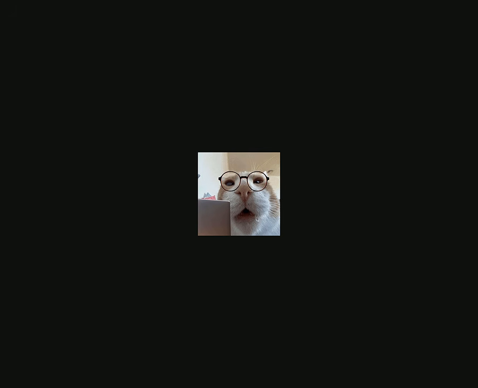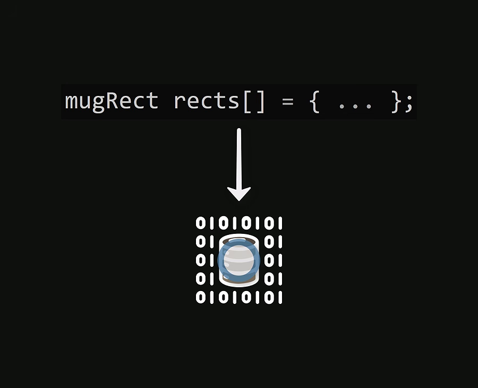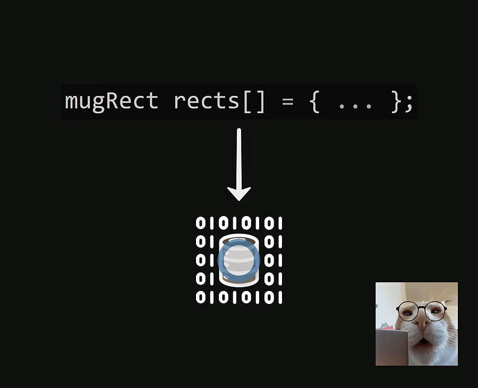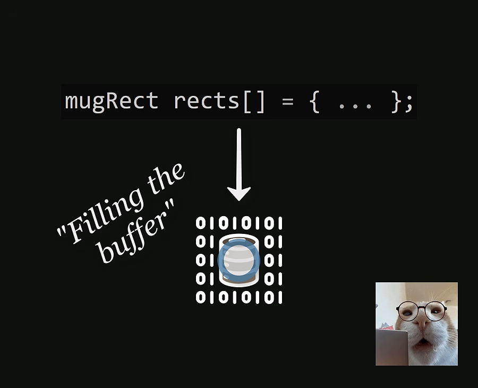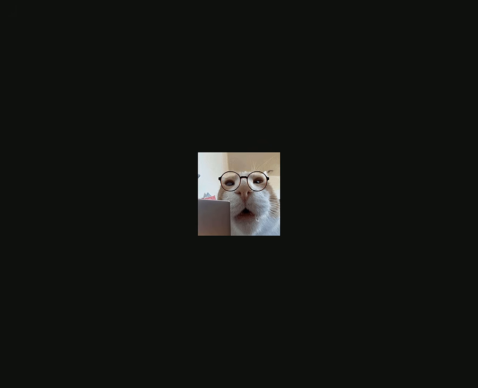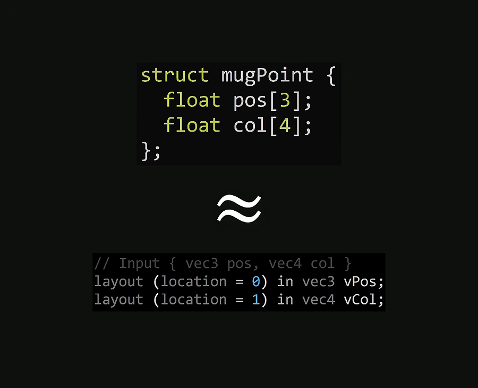The most complicated part of making this all work though is actually converting the array of mugrects on the CPU into vertex data that can be read by the shader, which, if you'll remember before, I called filling the buffer. So far it's been fairly straightforward since the definition of the objects I've made so far have usually been quite similar to how they're defined in the vertex data.